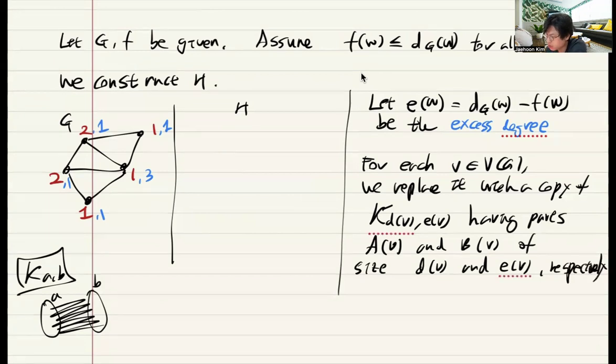So what do we have here? You have degree many vertices, and excess degree many vertices, and then we make it complete.